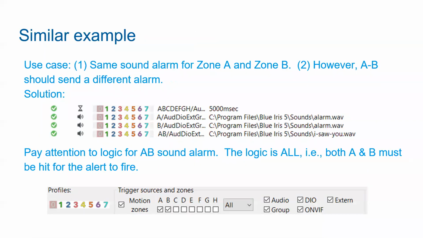Okay, in a similar example, I got another ticket, pretty much the same scenario. He wants to sound an alarm when there's activity in zone A or zone B. However, he wants a different sound when it goes from A to B. So same thing, I put a wait so that it can determine all the stuff that's happened between: if it just hit A, if it just hit B, or if it hit A and B. So I put the wait, and then if it's just A or just B, sound one alarm.